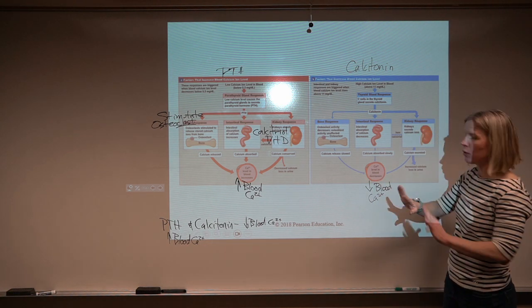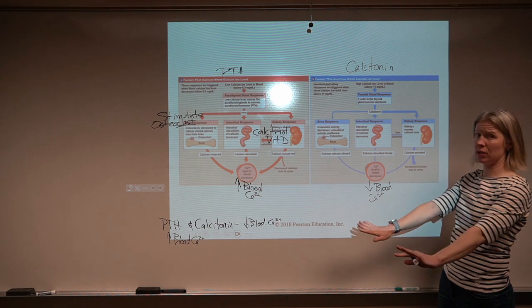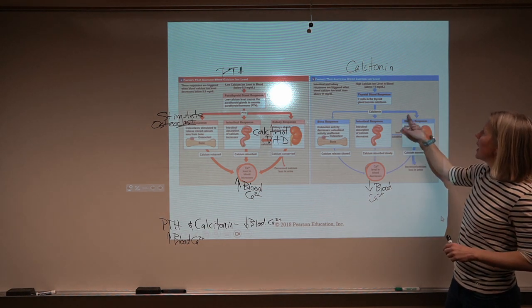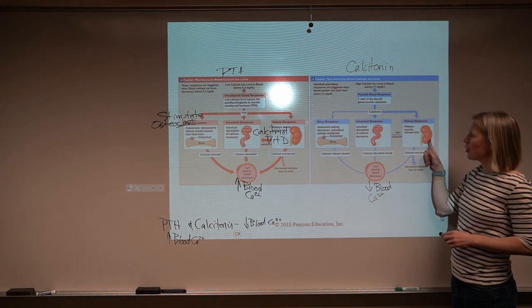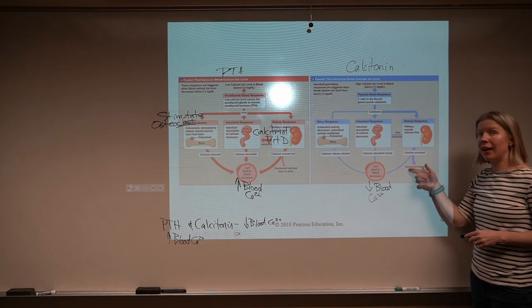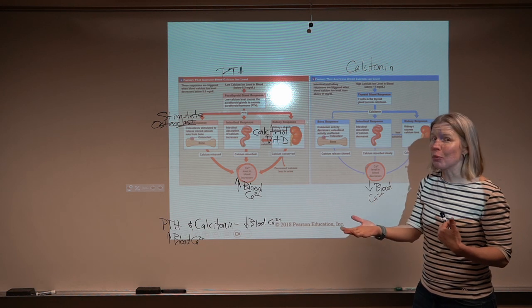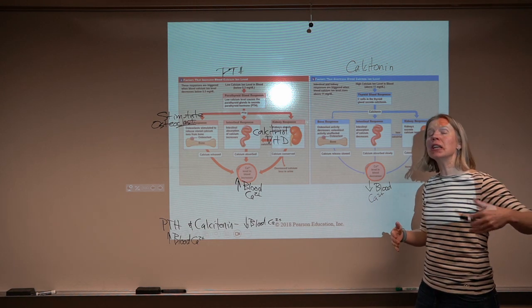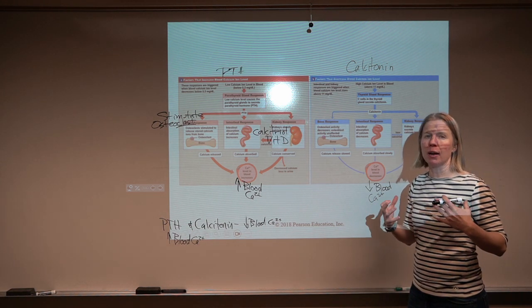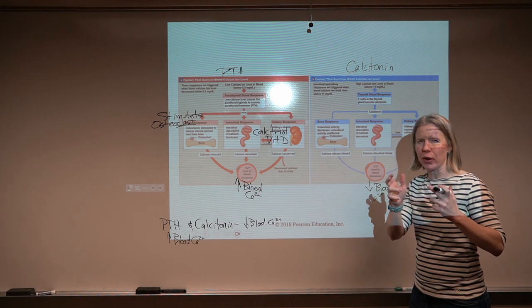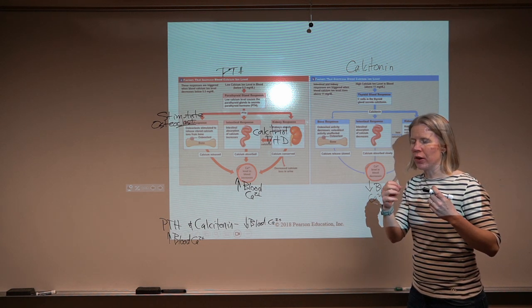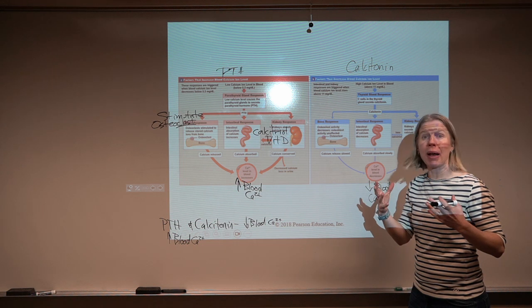In fact, we want to bring it down. So osteoclasts stop. The kidney actually is told to go ahead and pee that calcium out. We have too much in the blood. And here's the funny thing, calcium is super important, but actually high levels of it can put you into cardiac arrhythmias, like weird heartbeats, weird muscular spasms and things like that.